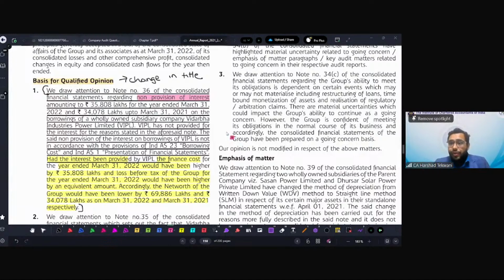If that was rectified, then what would have been the correct picture? So it is not only about the qualification that you are required to disclose, it is about the effects of the qualification that you are required to disclose. Are you getting the point?